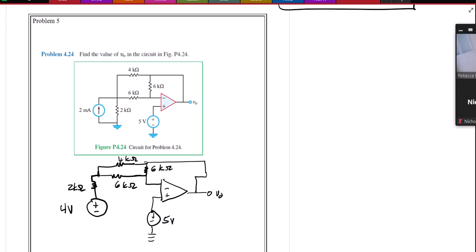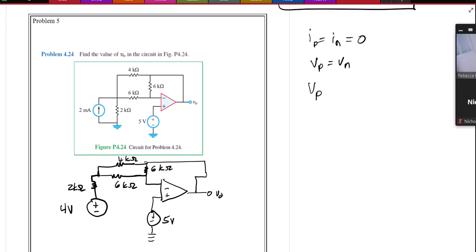Okay, so I know, and I always write these things down, I know that IP equals IN equals 0, and VP equals VN. And I'm always excited when I see something like this. I've got my 5 volt voltage source in my non-inverting input, and I can say that, hey, that's got to be VP, so that's got to be VN, so I've got that all figured out.